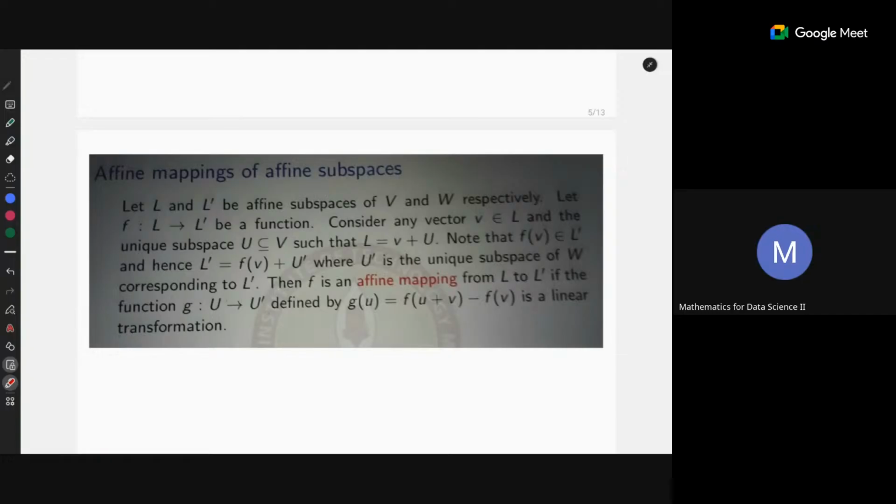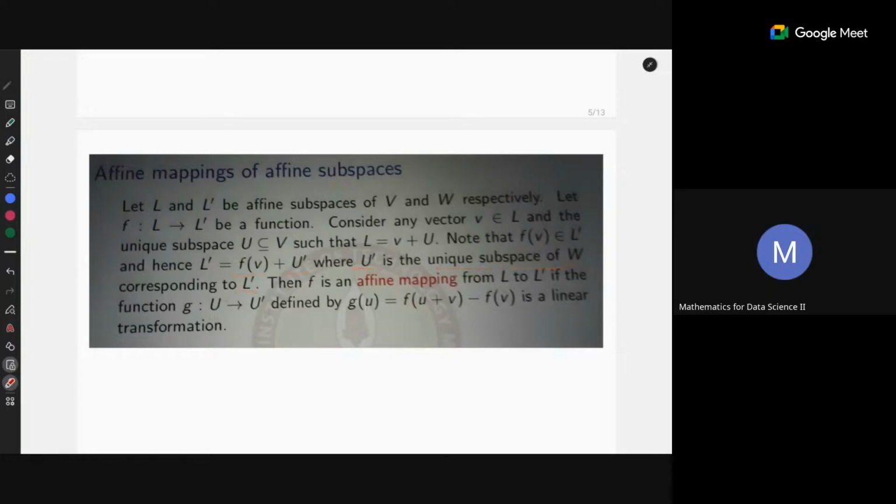Note that f of V is in L prime, because V is a vector in L, so f of V will always be in L prime since it's a function from L to L prime. Hence L prime can be written as f of V plus U prime, where U prime is the unique subspace of W according to L prime.